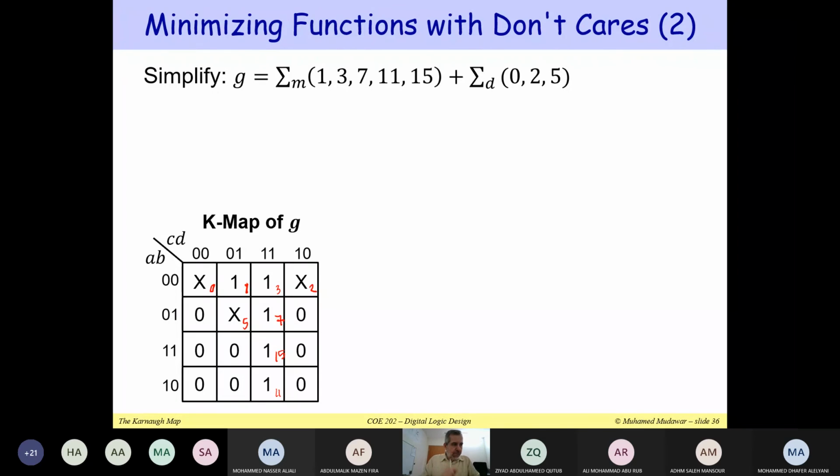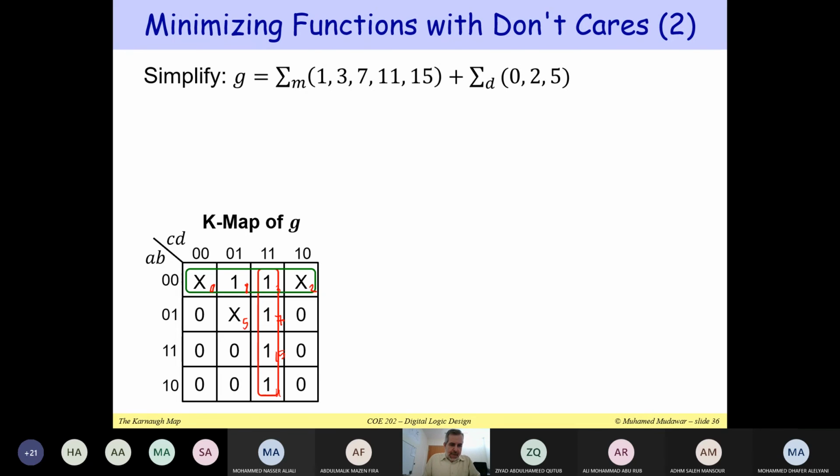Let us look at the essential first. Essential prime implicants: from 3, 7, 15, 11, sorry. So basically the 11 and the 15 make it essential. So we can look at these two.